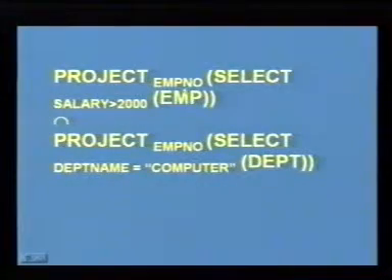Now suppose that we wish to find out all the employees who have salary greater than 2000 and also belong to the Department of Computer Science. Then the expression will be project employee number bracket select salary greater than 2000 followed by the name of relation EMP in parenthesis.